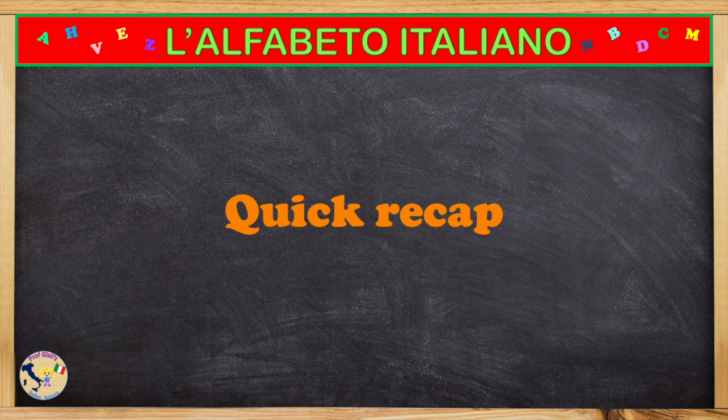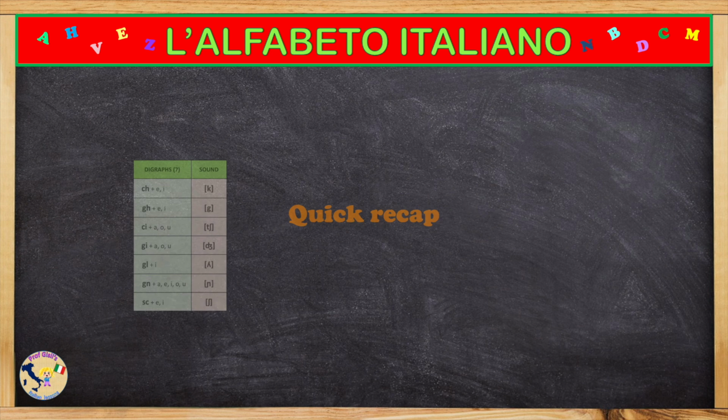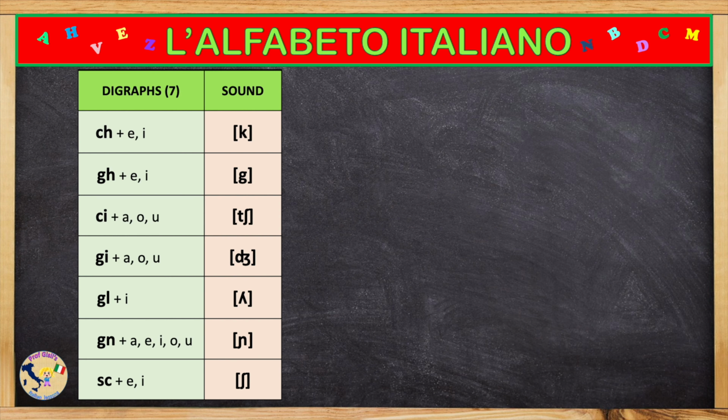Let's summarize today's lesson's key points. First of all, we have looked at digraphs, groups of 2 letters representing one sound. In Italian there are 7 of them, and they are CH, GH, CI, GI, GL, GN, and SC. The sounds they represent are K, G, Ch, J, Y, Ñ, and Sh.